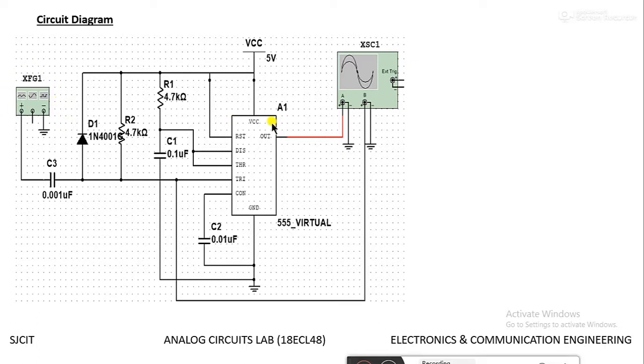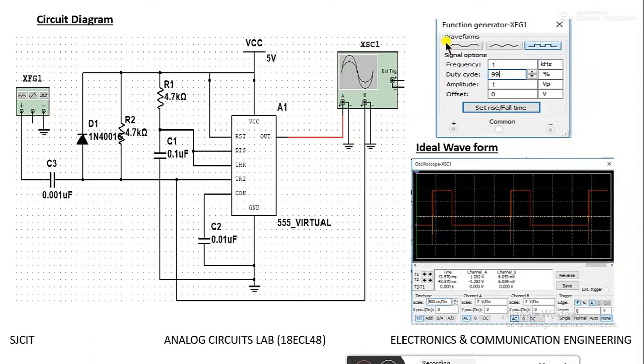Write down the specifications of the function generator. The input of the function generator is a pulse. Frequency is 1 kilohertz, or you can set it to 500 hertz.